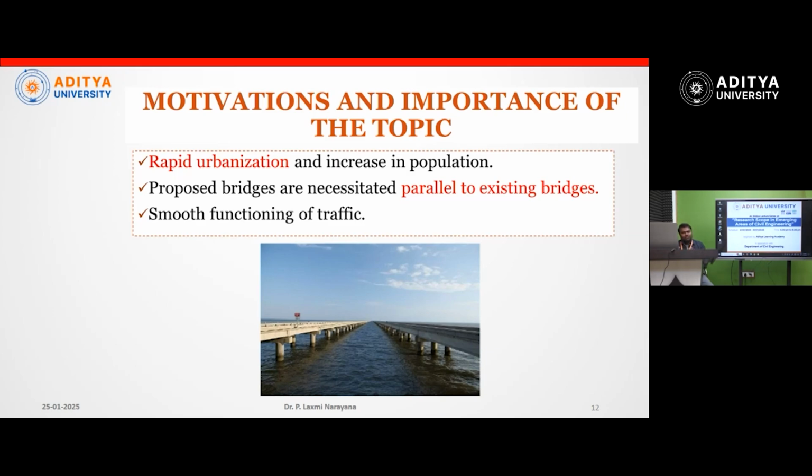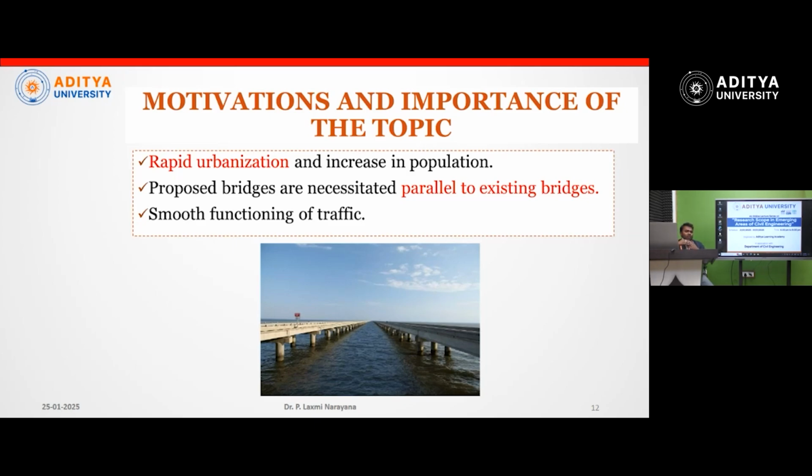So now at what spacing we have to go, whether upstream or downstream, and in what arrangement the piers should be, whether tandem or staggered, or which alignment. My research is completely in this area only.